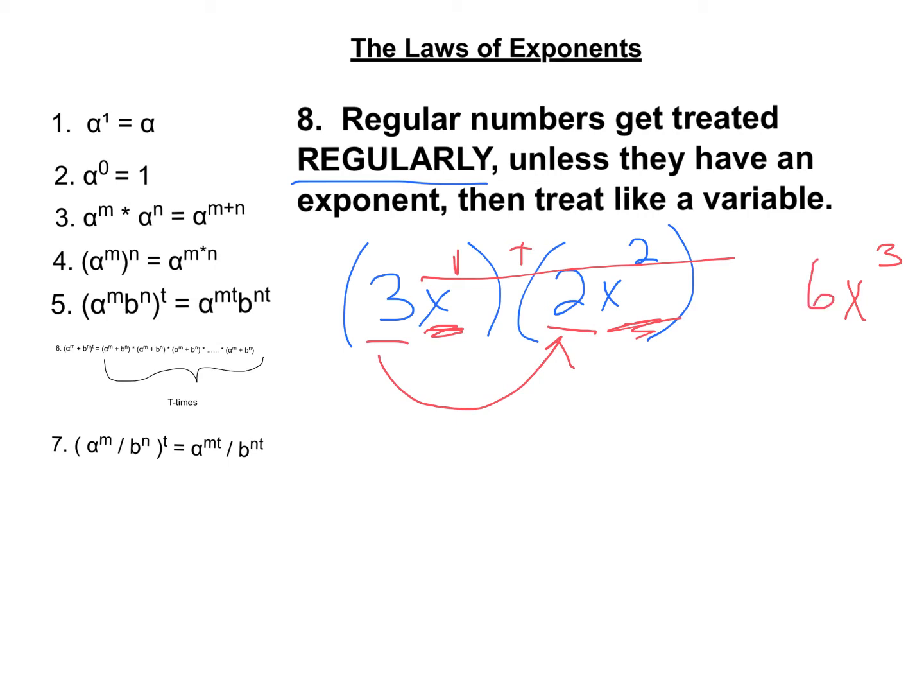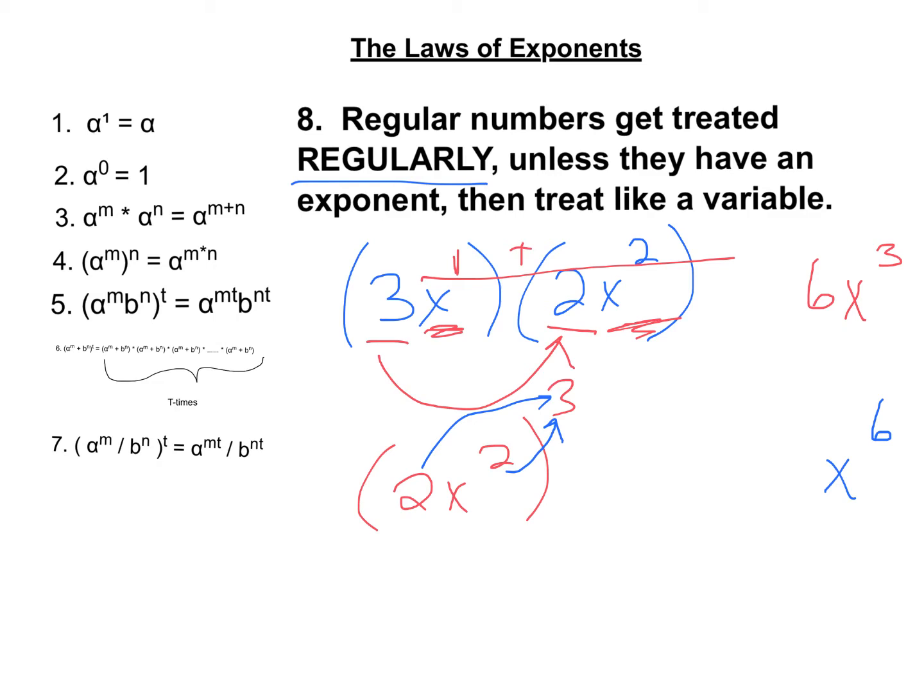Now, or if we have this, 2x squared being cubed. Another classic mistake with this is, yes, with the exponents we multiply according to our rule. So that would give me x to the 6th. But people then see this and go, well, 2 to the 3rd, so that's just 2 times 3 or 6, which it's not.